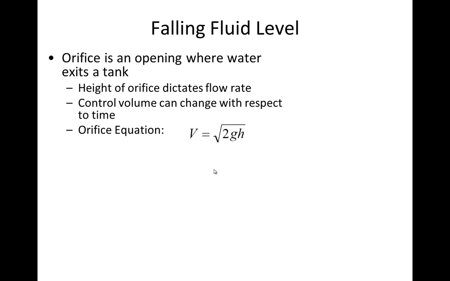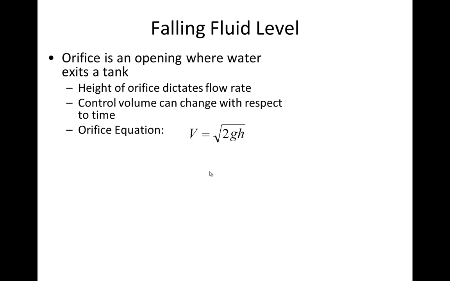And so the only thing that there will be at 1, which is where the water surface is at the top of a reservoir, is the elevation term Z1. And then at location 2, where it's a jet of water coming out of a tank, we cancel out the pressure head term and the elevation head term, and we're left only with the velocity head term.